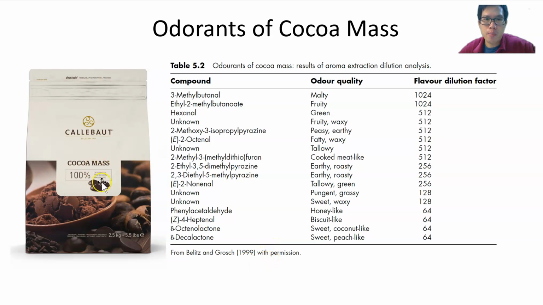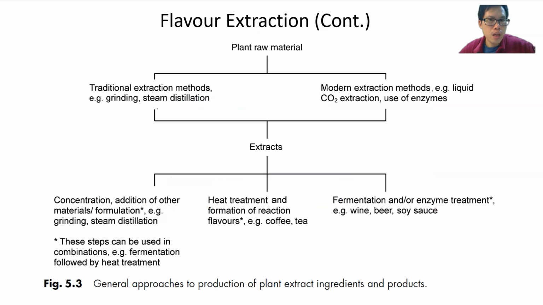Okay, just to summarize part 1, for the plant raw material, you can use the traditional extraction methods or the modern methods here. The one that I really emphasize is liquid CO2 extraction, which is the supercritical extraction method, one of the best ones. Once you get the extract, you can apply it directly into your food components, your recipe or your food product and so forth.